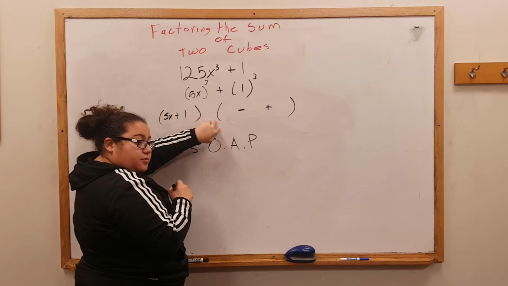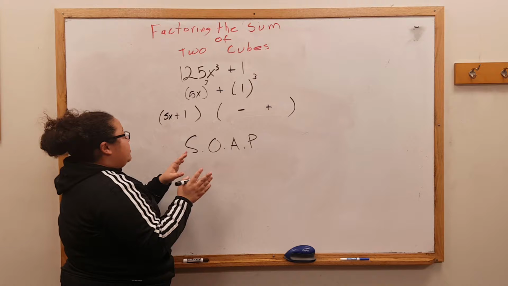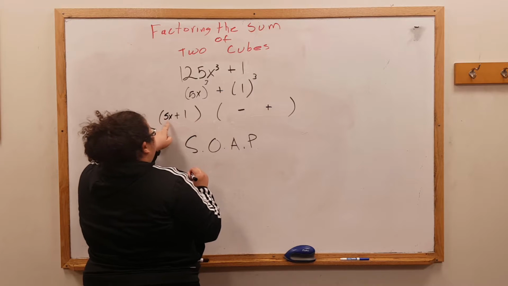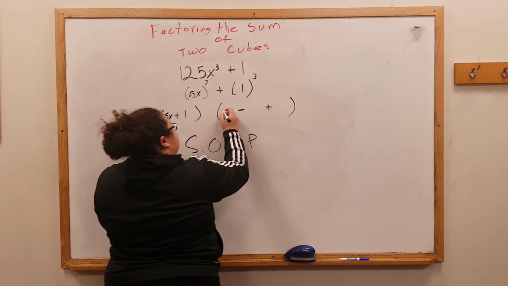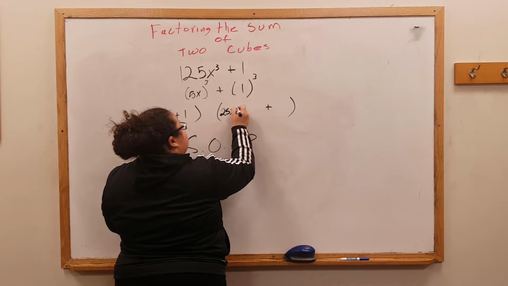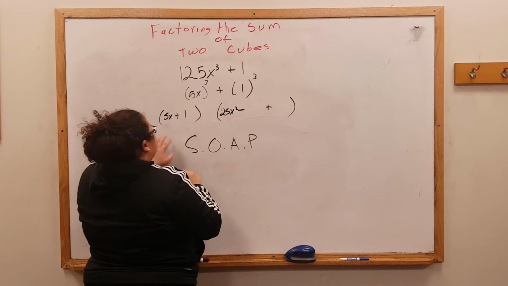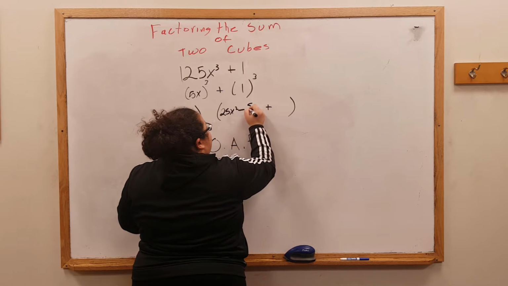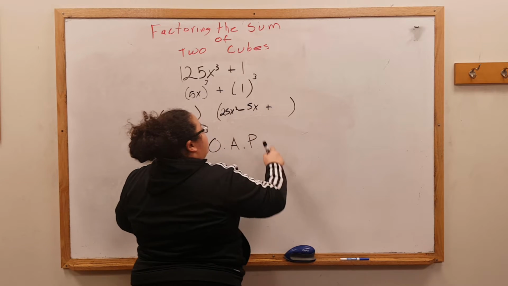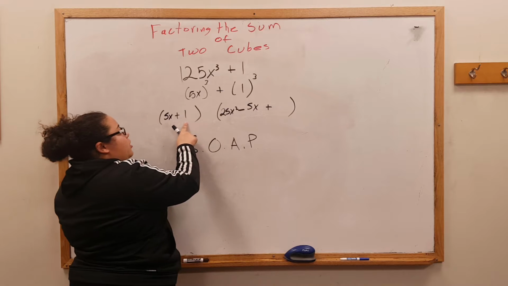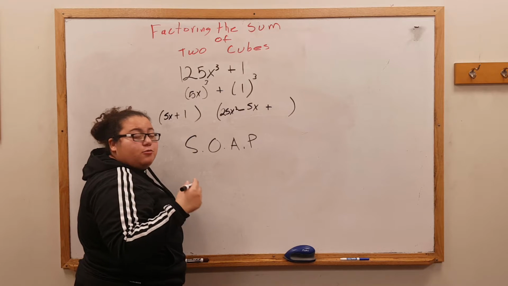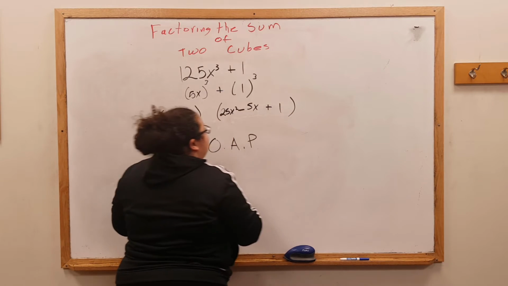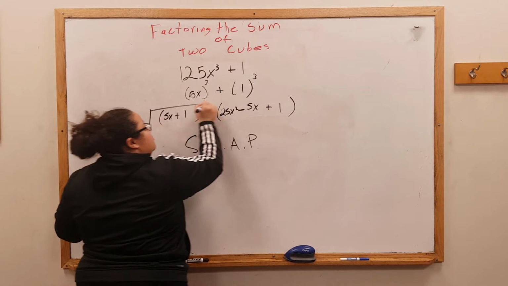The second parenthesis is gonna be squared. So 5x squared, which you get 25x squared, minus 5x times 1, which is 5x, plus 1 squared, which is going to be 1. And don't forget to box the answer.